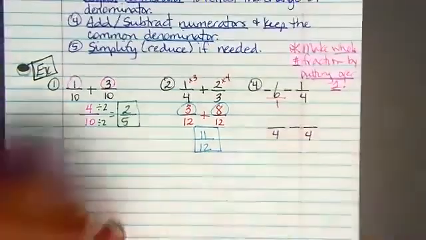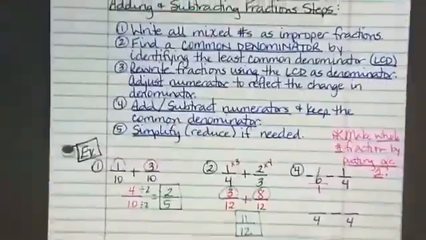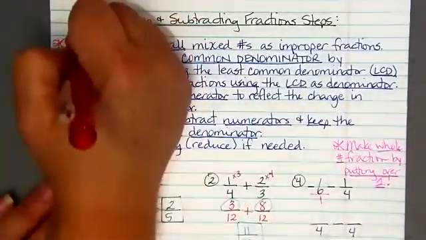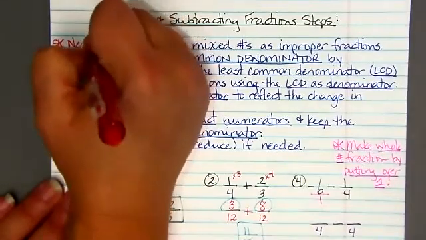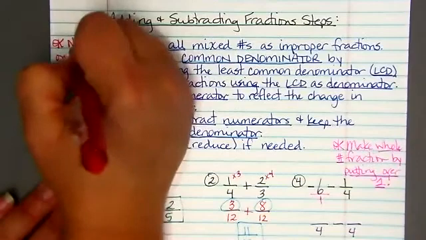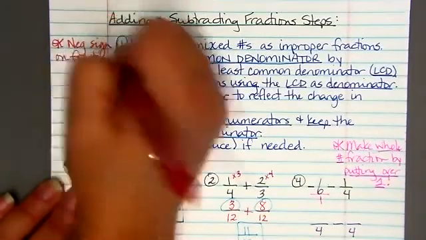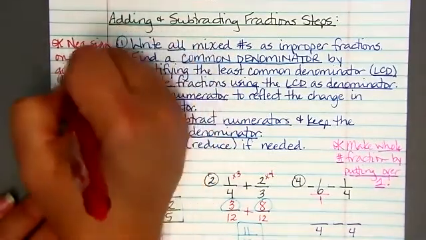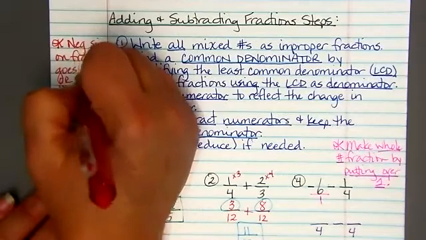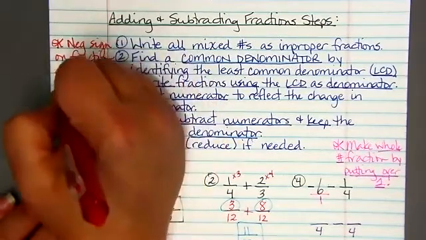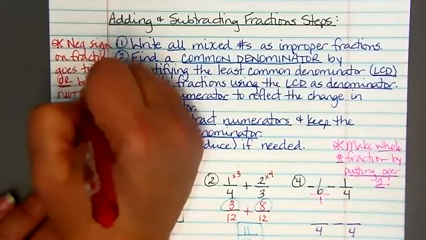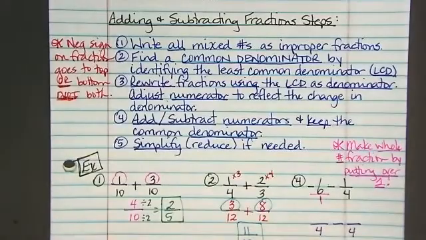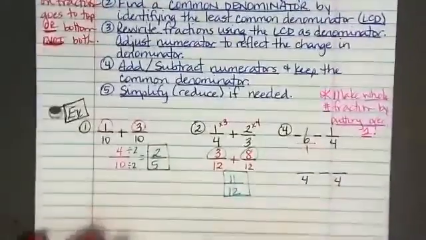So I'm going to add another little note over here: negative sign on fraction goes to top or bottom, not both. So it either goes to the top or the bottom, not both. All right, so now we can finish this problem.